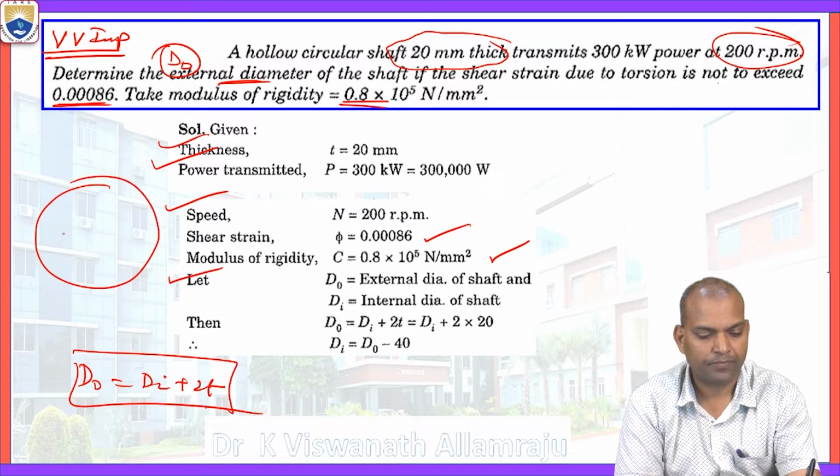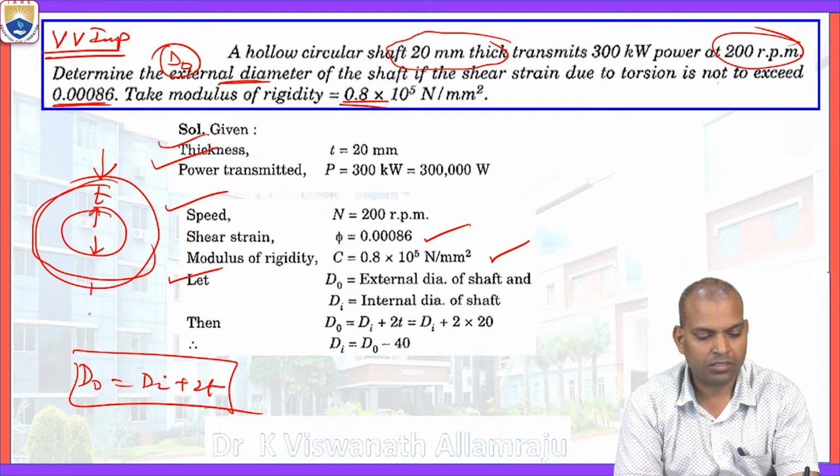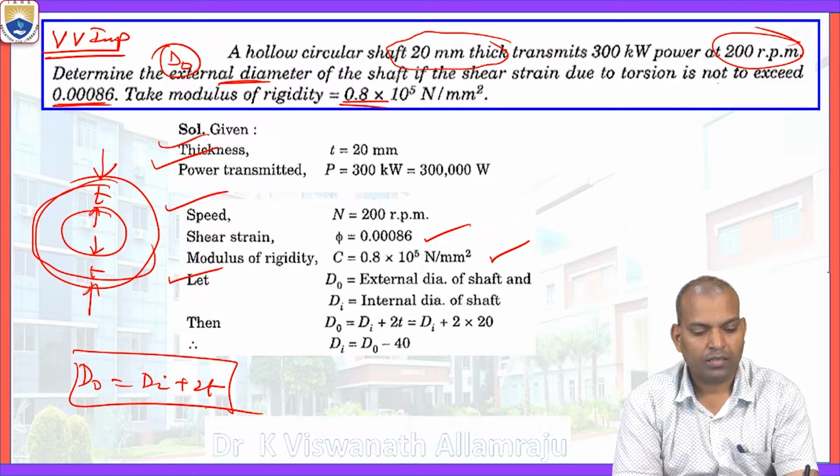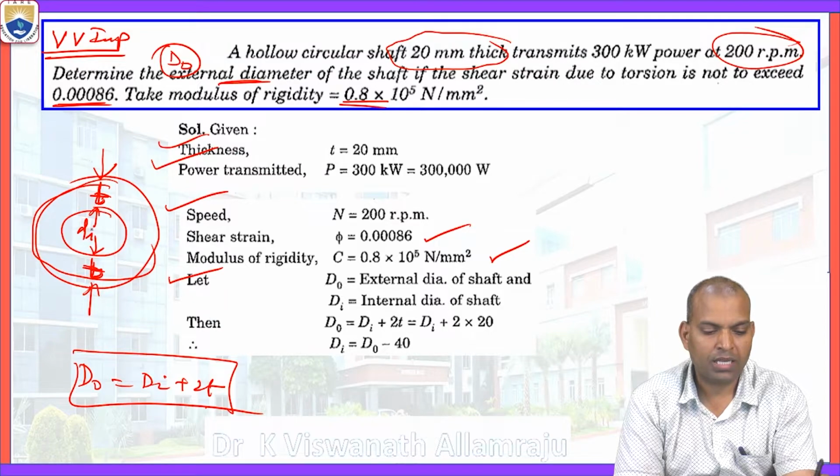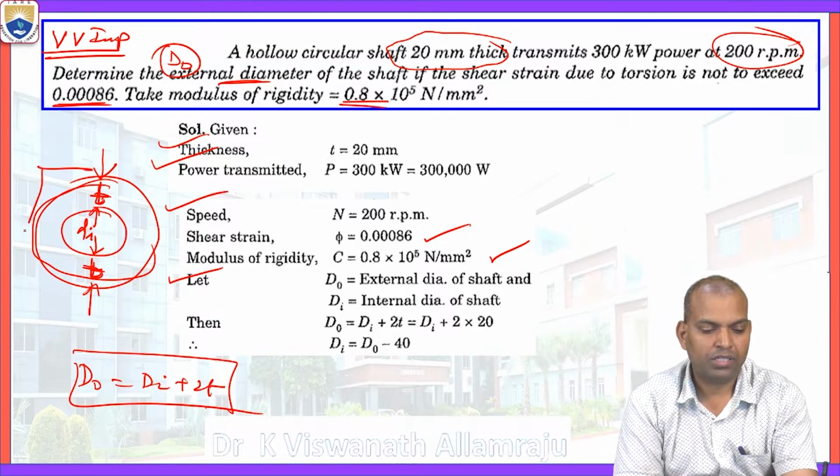How does it come? Let us see. This is the thickness here, one thickness, and another thickness is here. So T plus T, 2T, plus this Di, then it becomes D naught.